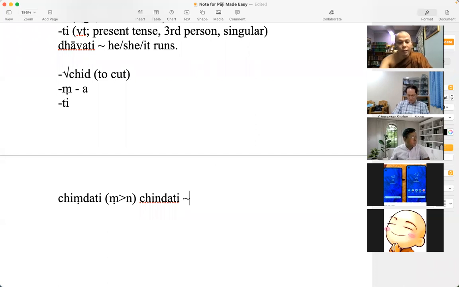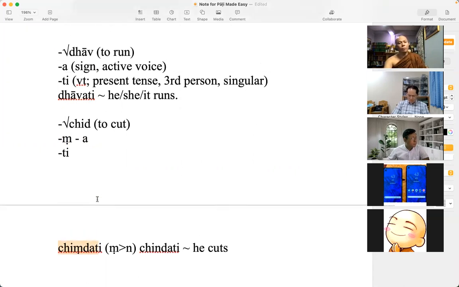Change the d means he or she or it cuts. So you see, because of a different sign, there is a different form, not the original d, changed d. So that is, let me say, the function of that conjugation sign.